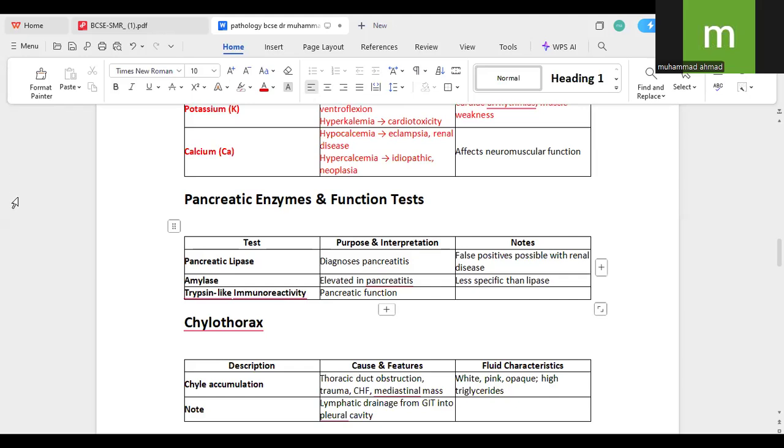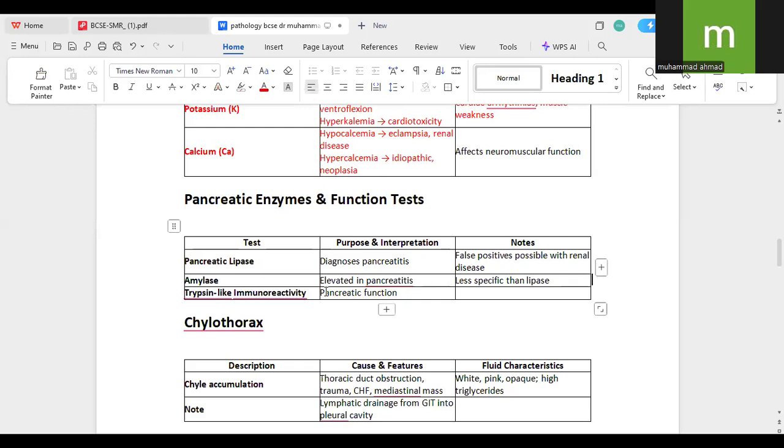Pancreatic enzyme and function test. Pancreatic lipase: purpose is to diagnose pancreatitis. False positive is possible with renal disease. If there is any renal disease, the test may be false positive. So the most important test is the trypsin-like immunoreactivity. If there is pancreatitis, we should go for the trypsin-like immunoreactivity test.